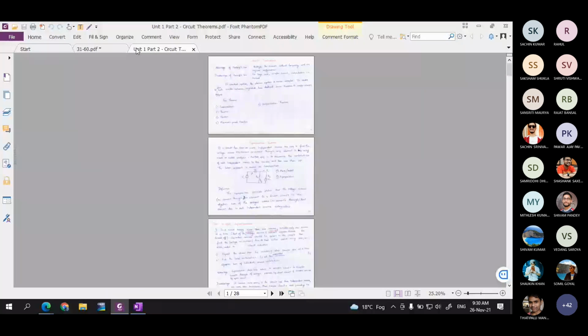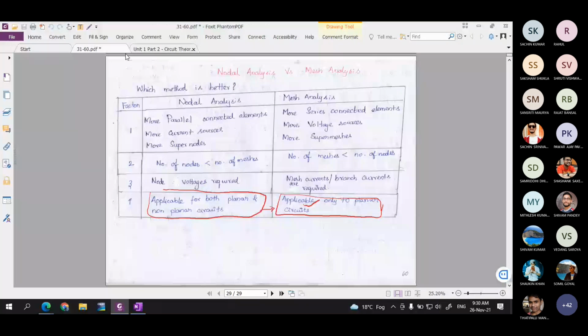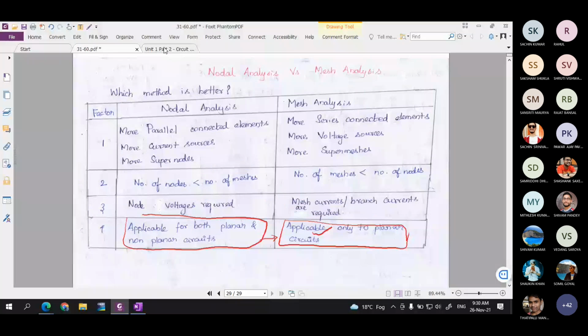We have come to the final topic of this first unit. Already I have taken nearly 11 classes, including today. So this is the final topic, that is the circuit theorems, in the first unit.